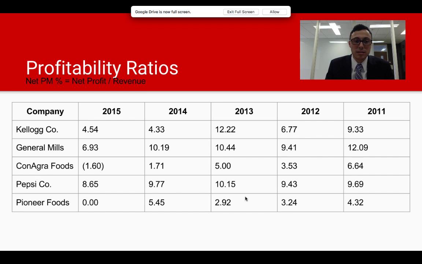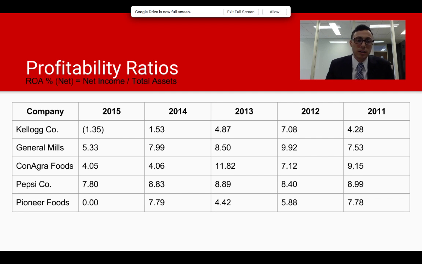This, again, is not great for Kellogg Company because it shows that they are not generating profit as efficiently as their competitors. Looking at return on asset percentage, this is a net number, of course. This also does not bode well for Kellogg Company, as they have a lower percentage essentially across the board when compared to their competitors. This shows that they're not turning their assets into net income.